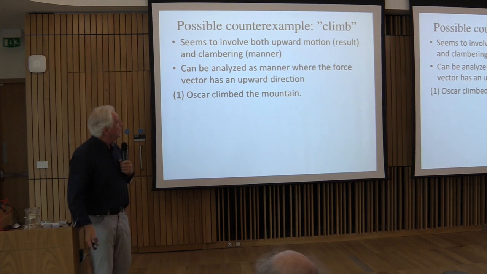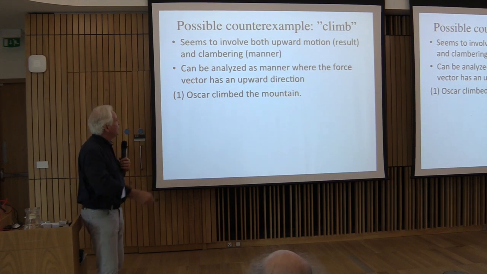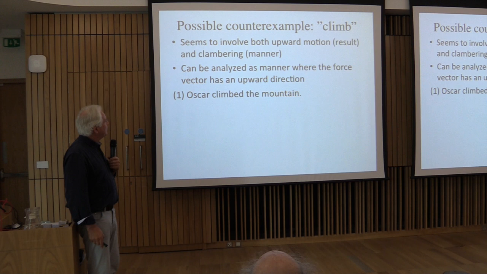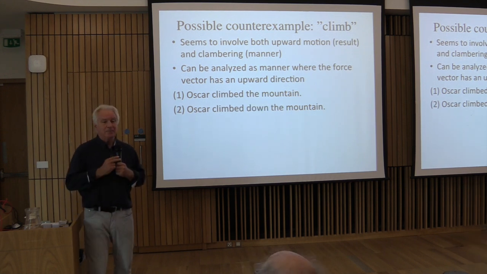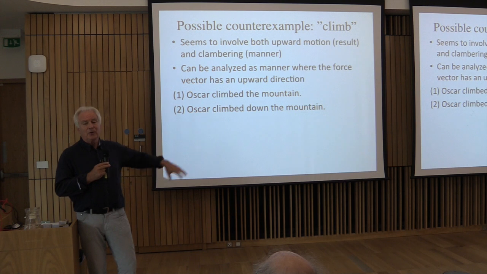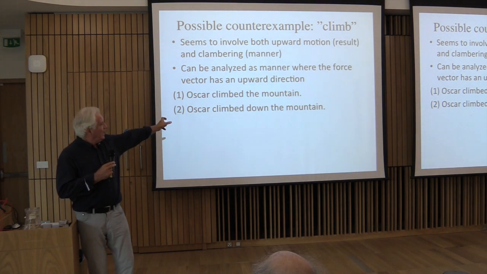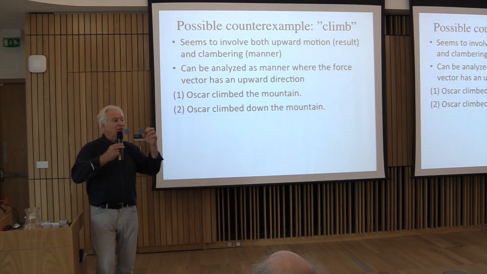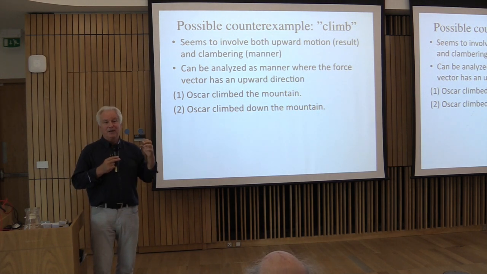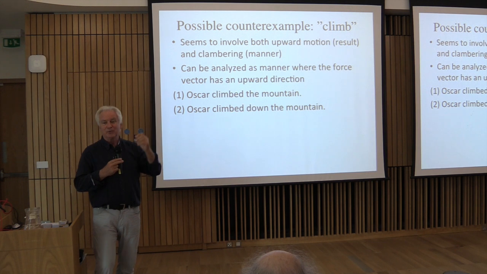You don't know how he is exerting some force up the mountain here. You can say Oscar climbed down the mountain in English. Now you're adding a preposition to mark that this is not a typical use of climbing. But you're still clambering and you're still exerting an upward force. Even if you're climbing down, the force is directed upwards.